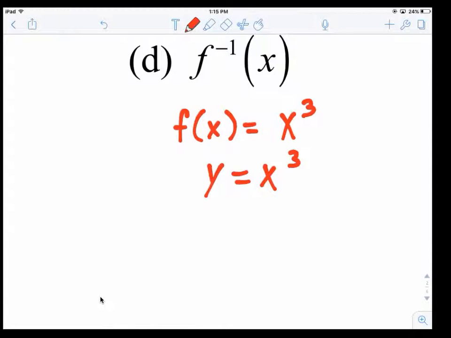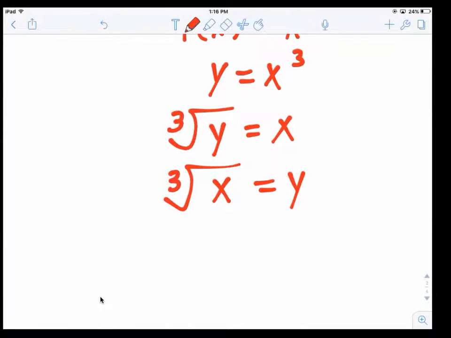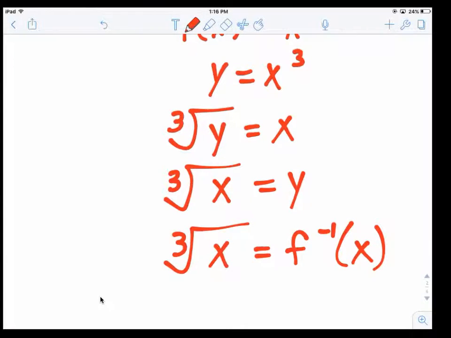You're close. So you have the cube root of x is equal to y after you switch x and y, so the cube root of x is your inverse.